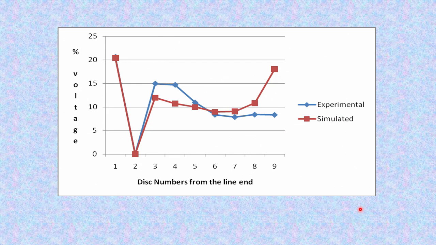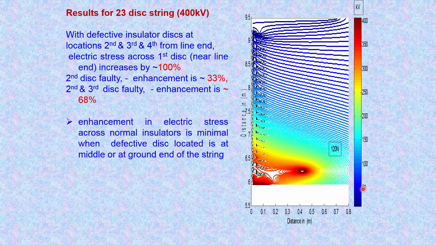When considering the failure of that insulator, that particular disc has been completely shorted, so that it acts like a fault in the string. Then the experiments are repeated for various fault locations, and compared with the simulation results.